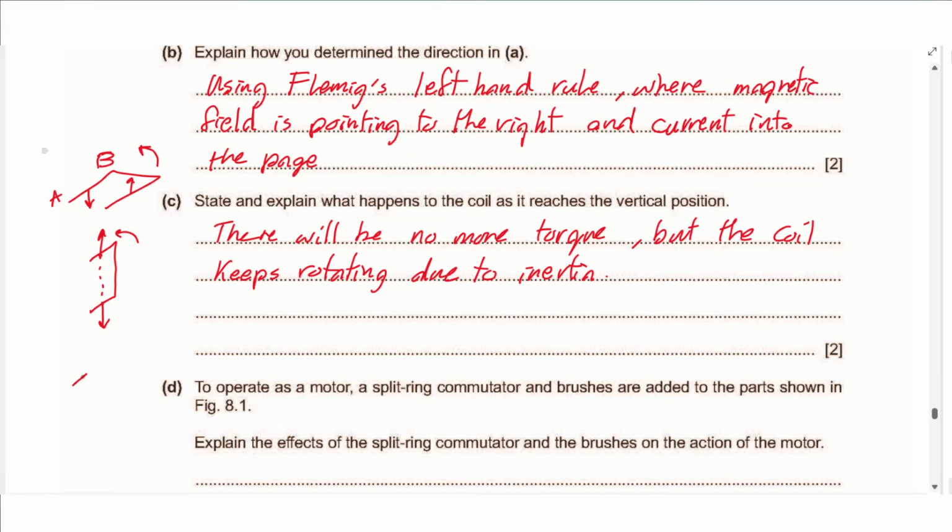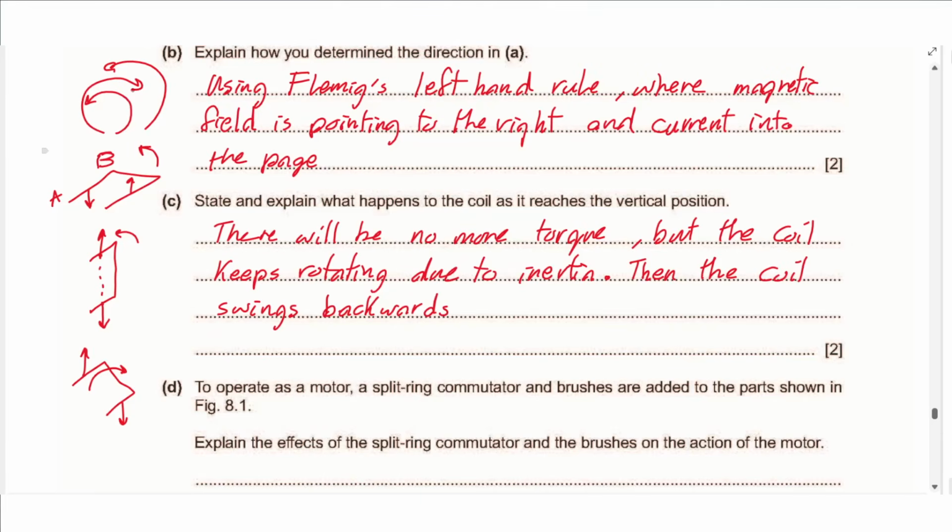But after that, the forces will make the wire rotate in the opposite direction. So we write then the coil swings backwards. So the coil will just move on to this direction, then rotate in the opposite direction, and keep swinging until it stops. So we write until it stops.